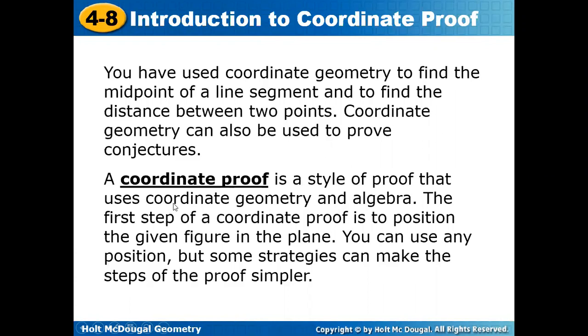The first step of coordinate proof is to position the given figure in the plane. You can use any position, but some strategies can make the steps of the proof simpler.